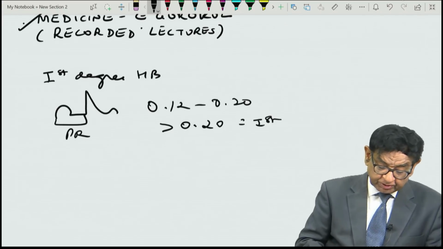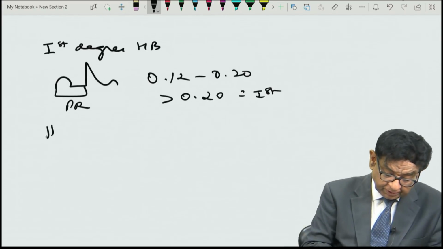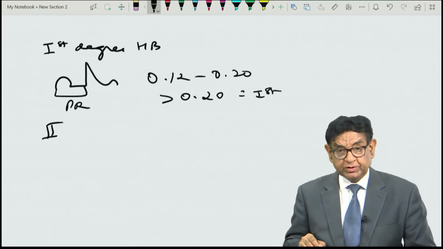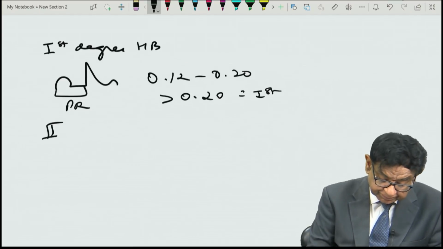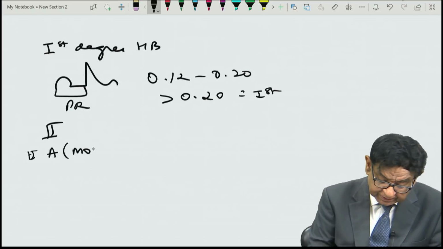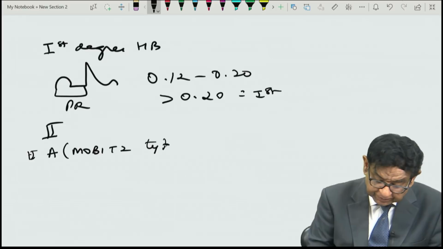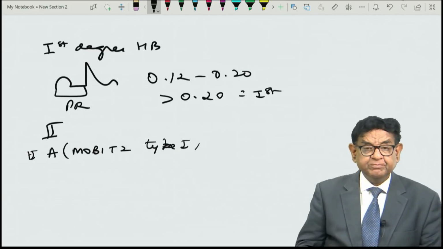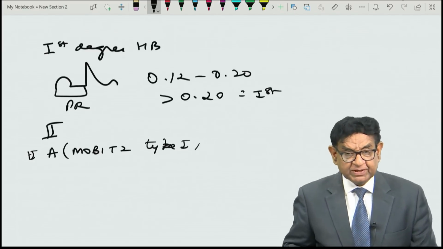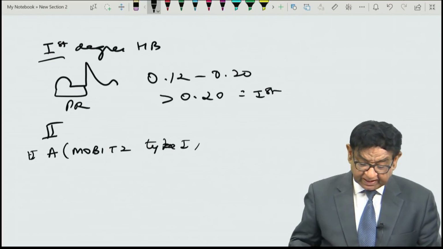Then we talk about second degree heart block. In second degree we have two types, 2A. 2A is also known as Mobitz type 1. Point to note is that Mobitz type 1 should not be confused with first degree heart block.